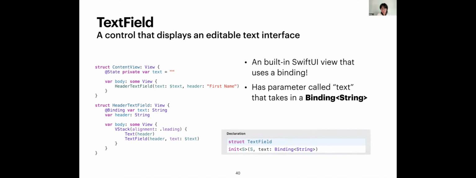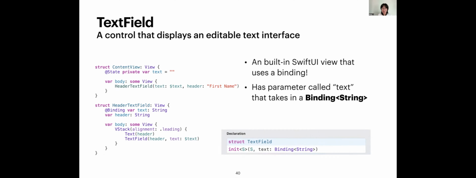So here's another example using TextField. This is a built-in SwiftUI view for text input, like a login field. We create a custom HeaderTextField view that takes an @Binding variable text and a regular variable header. In ContentView, we have @State private var text equals the empty string as the source of truth, and we pass $text down to the HeaderTextField, which passes it further down to SwiftUI's built-in TextField.